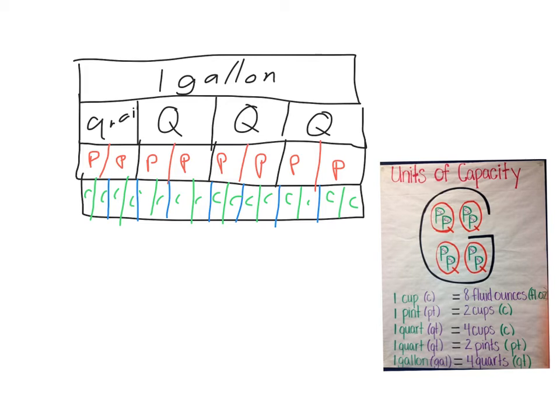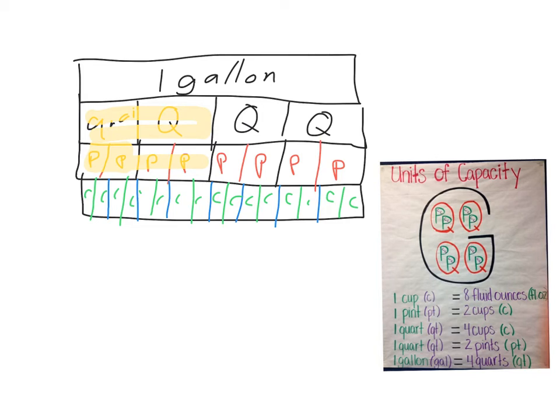To show this again, if I were wanting to know, right here, I have 2 quarts. Well, I know 1 quart is equal to 2 pints. Well, 2 quarts, if you look, it takes up another 2 to make another quart. So you have 4 pints equals 2 quarts.